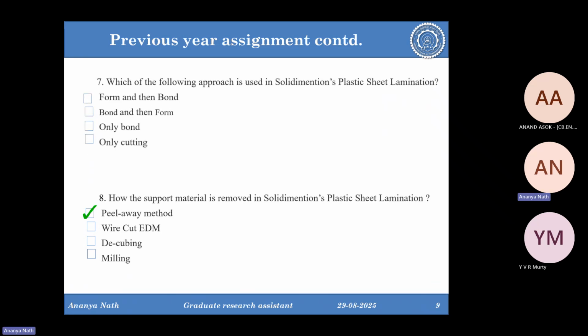Which of the following approaches is used in solid dimensions paper lamination? First we form and then bond, that is by peel away? It's bond and then form. It is bond first, and then after that we are peeling away.